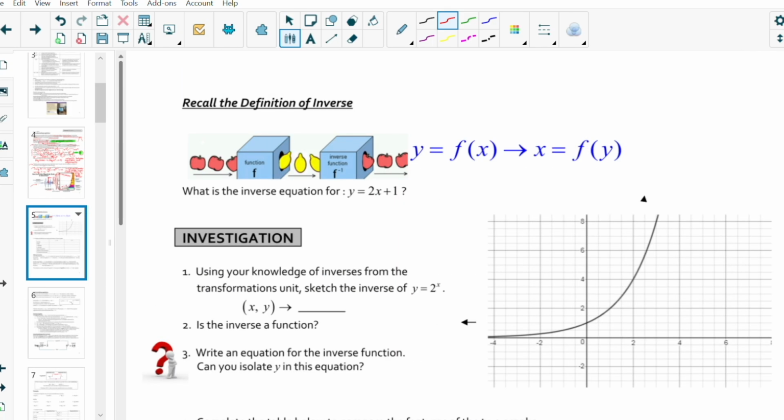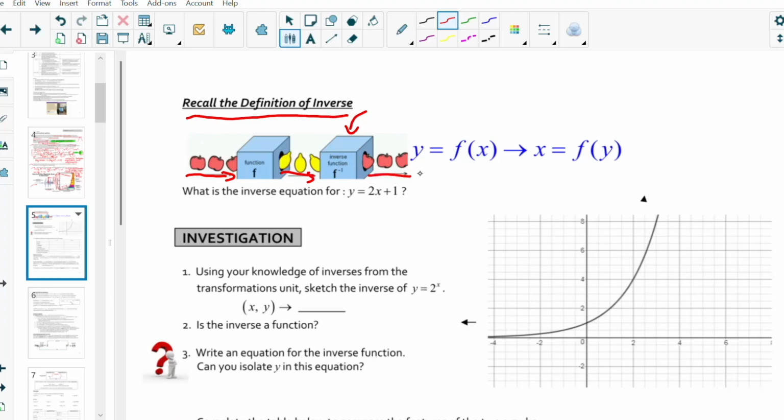All right, let's start defining the pieces parts of a log by talking about logarithms in terms of this idea of inverses. Okay, recall the definition of an inverse. I put in apples through a function, I get lemons, but I want to inverse the lemons that I made.